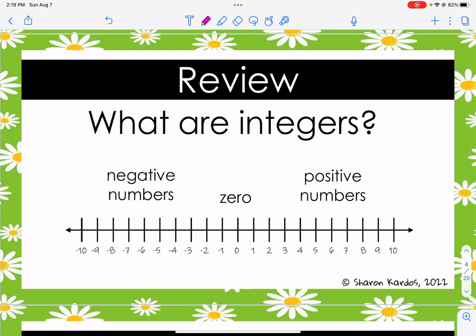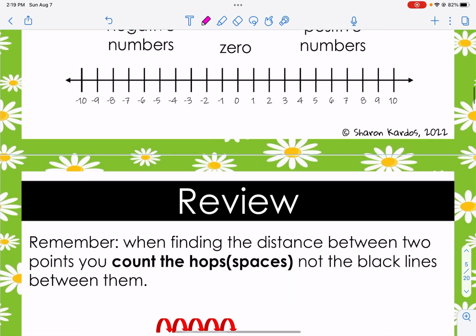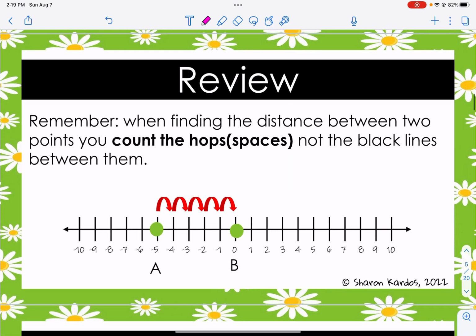And there was our visual representation of integers in case you have forgotten. Negatives, zeros, and the positives. And notice there are no fractions or decimals on our number line. So remember that when you're finding the distance between 2 points, you're going to count the hops or the spaces, not the black lines between them.